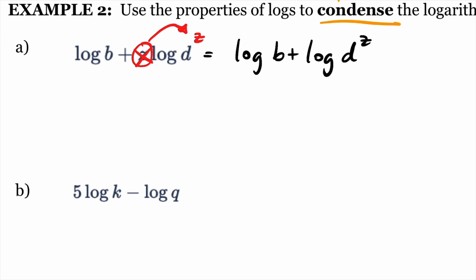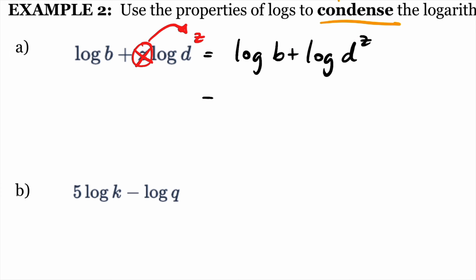Okay, so now I'm done with power property. Now let me move up. Is there any subtraction here? Nope. Is there addition? Yeah, there is. There's addition here, right? I'm adding these two logs together. I'm adding this guy and this guy together. Well, to condense them, I'm going to combine them.